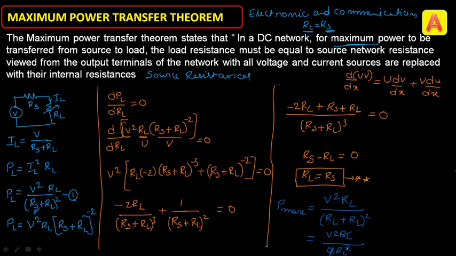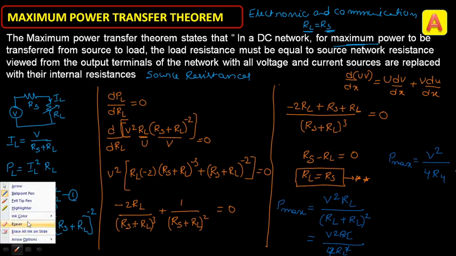This RL and this RL get cancelled. Finally, the maximum power transferred from source to load is V square by 4 RL.